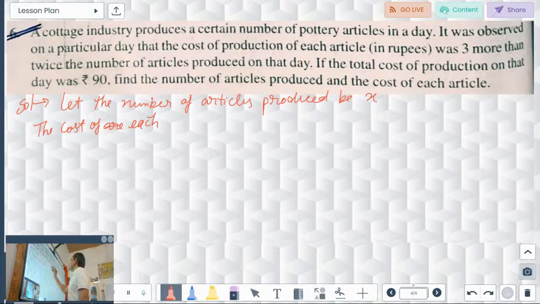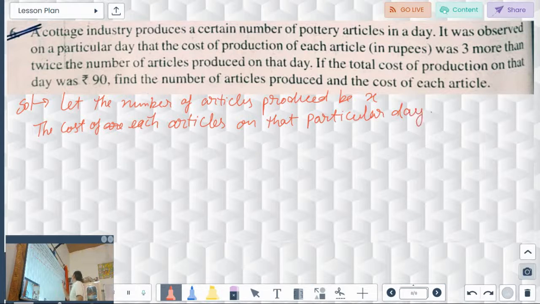Now as per the question, each article on that particular day was 3 more than twice the number of articles produced.